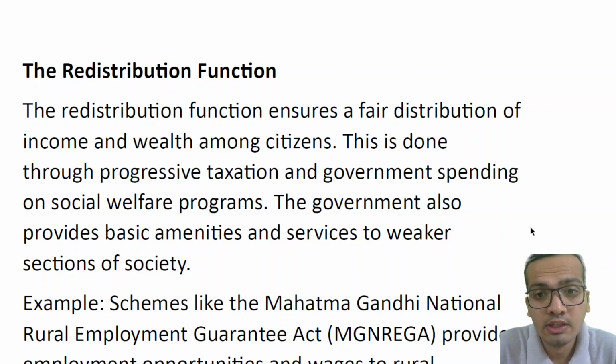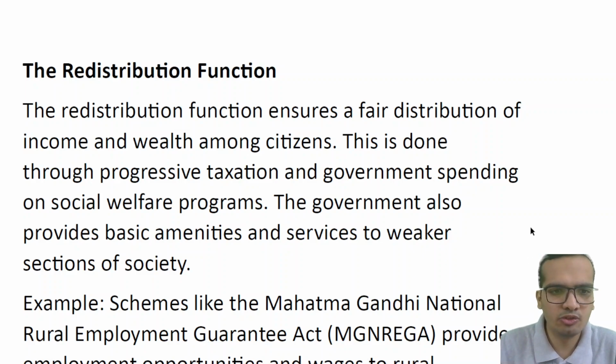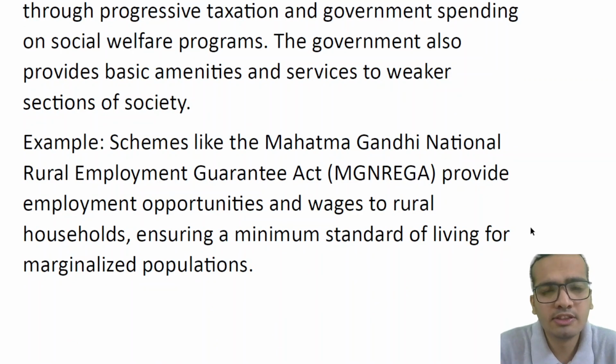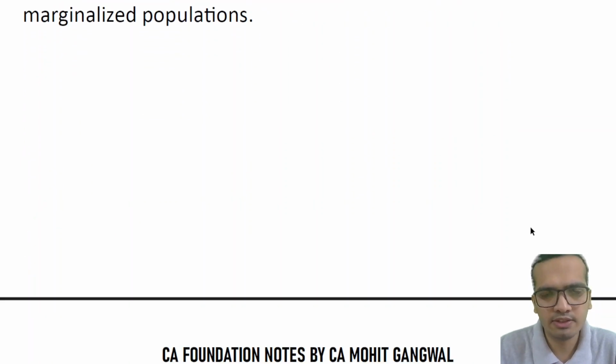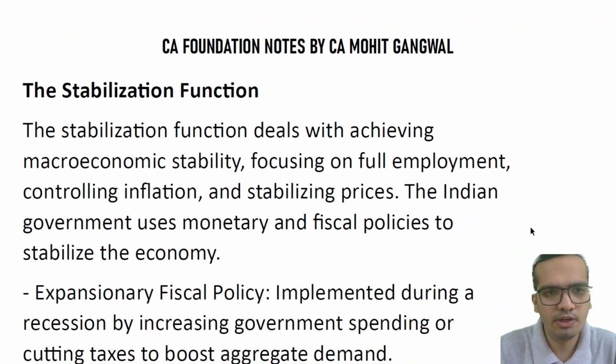So continuing, the government also provides basic amenities and services to the weaker sections of society. An example is schemes like MGNREGA, that's Mahatma Gandhi National Rural Employment Guarantee Act, which provides employment opportunities and wages to rural households, ensuring a minimum standard of living for marginalized populations. So there are various schemes for this section of people.